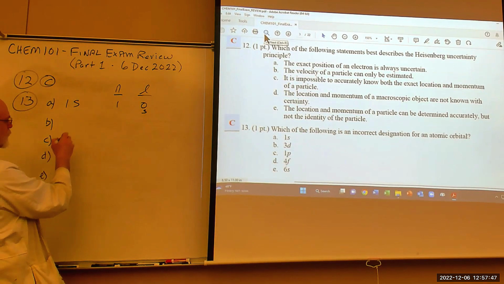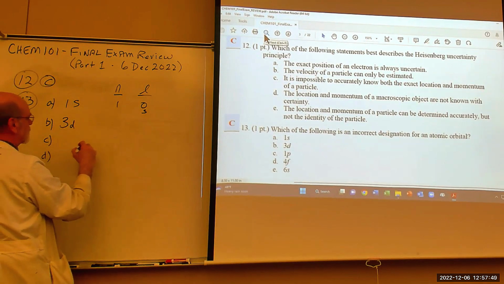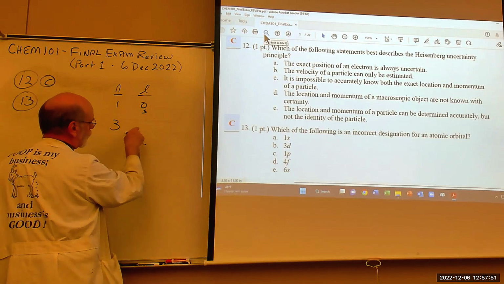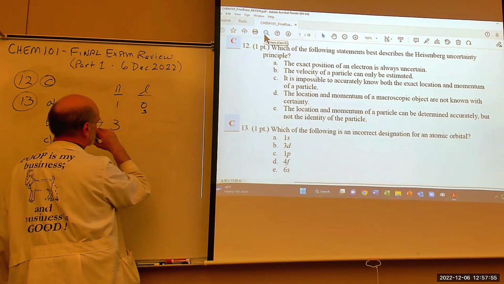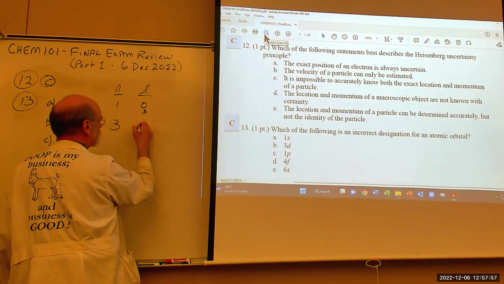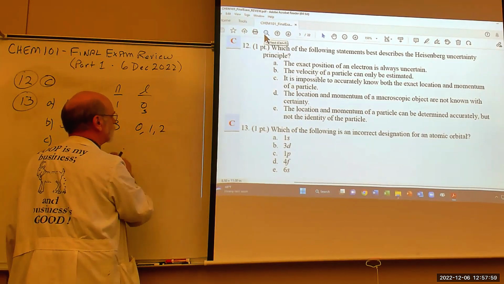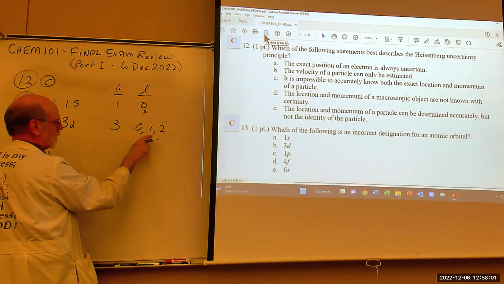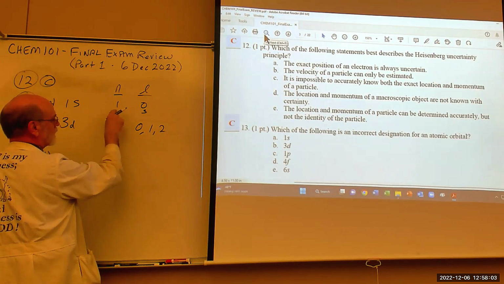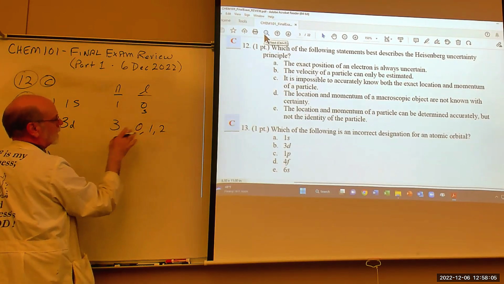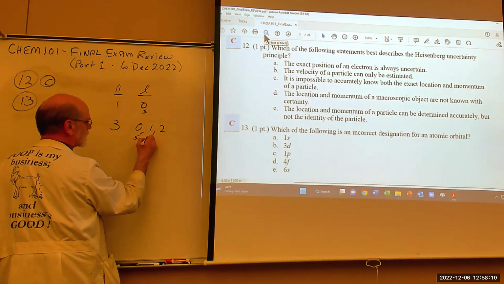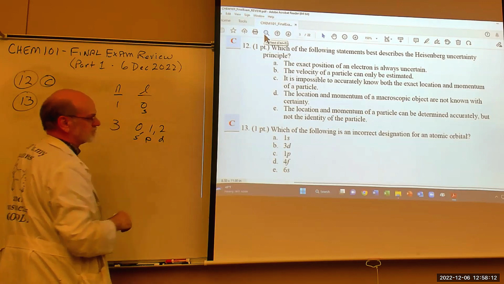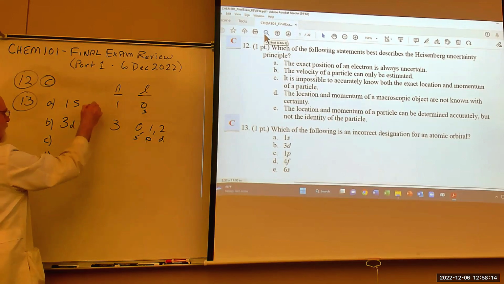How about B? 3D. Okay, 3D. So we have n equals 3 here. We can have 0, 1, and 2. Right? 0, 1, 2, 3 orbitals, 1 orbital, 3 orbitals. So this one's called an S, and this one's a P, and this one's a D. So that one's good.